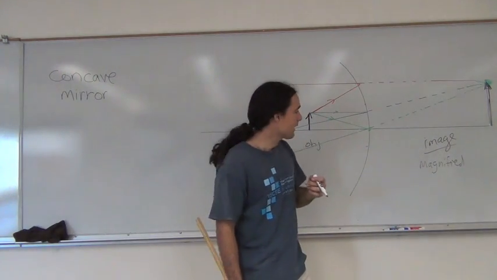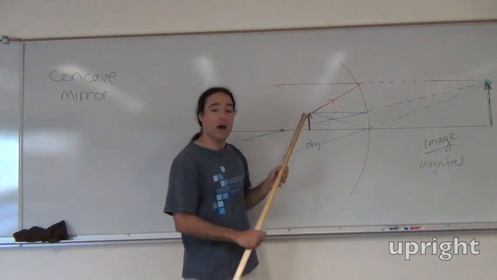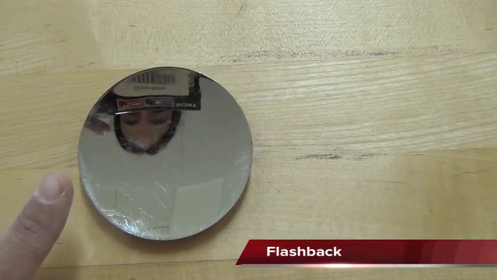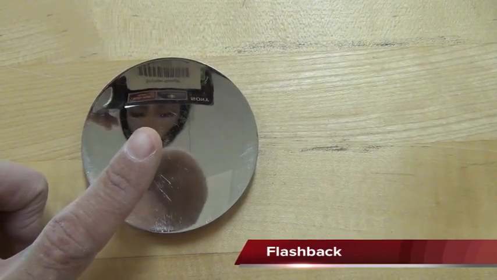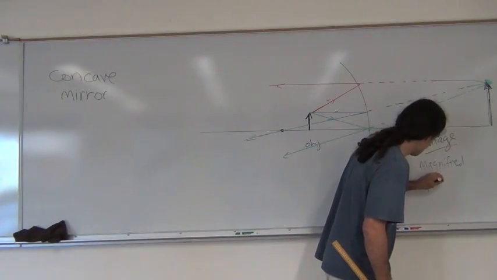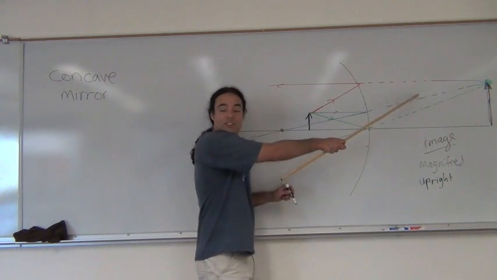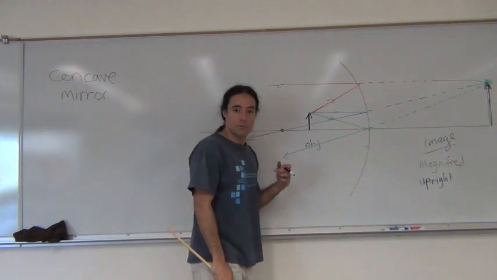What else can we say about our image? Well, it's upright. Both my image and my object are pointing in the same direction. If I get really close to the mirror, let's take my finger there, you'll see my finger is not flipped upside down. However, the light isn't really on this side of the mirror.